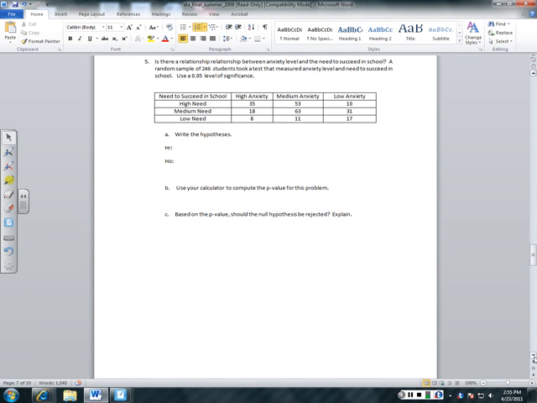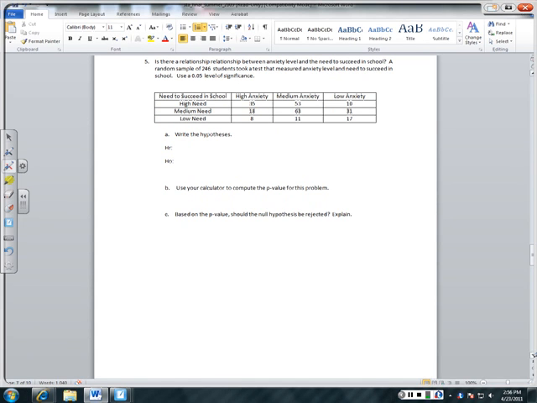So this is a chi-square test, and for H0, there is no relationship between anxiety level and the need to succeed in school.